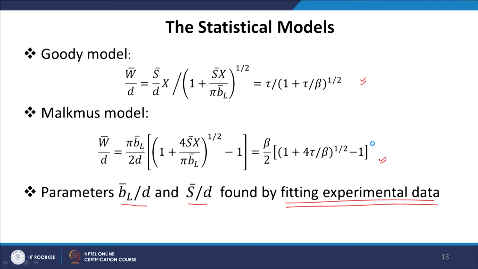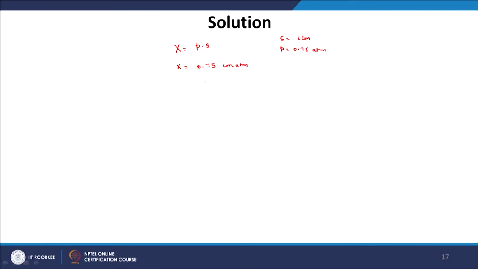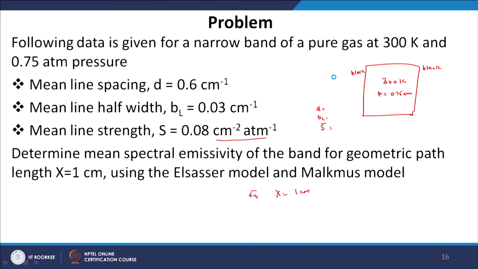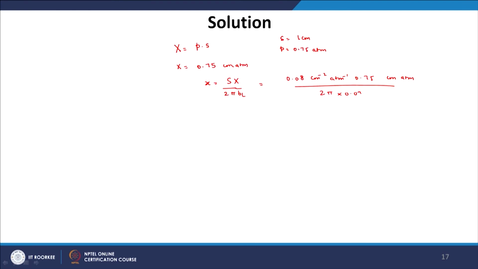We first find the line strength parameter x equal to S x upon 2 pi bL. This is 0.08 centimeter minus 2 atmosphere inverse, times 0.75 centimeter atm, upon 2 pi times 0.03 centimeter inverse. This value comes out to be 1 upon pi.